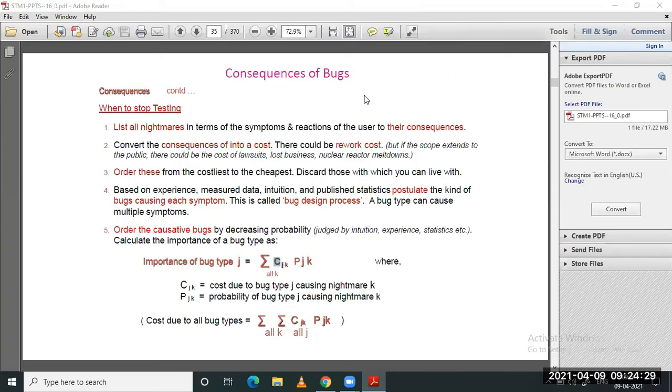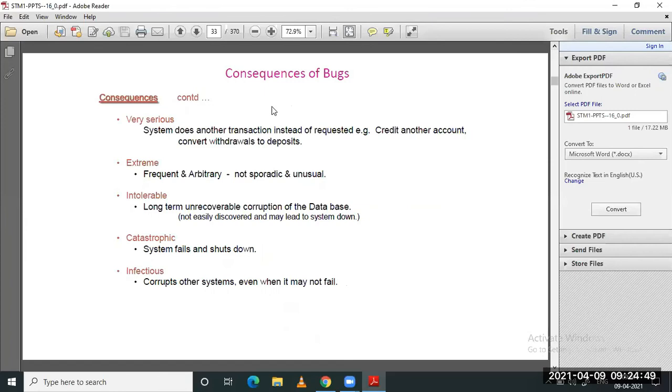When to stop testing: we have different methodologies. You can apply all these test cases on the software, and if you get the expected result, then you stop the testing. For that, we can follow all these steps. First you find the bugs, and based on that you determine what type of bug it is; for example, say it is an extreme bug.